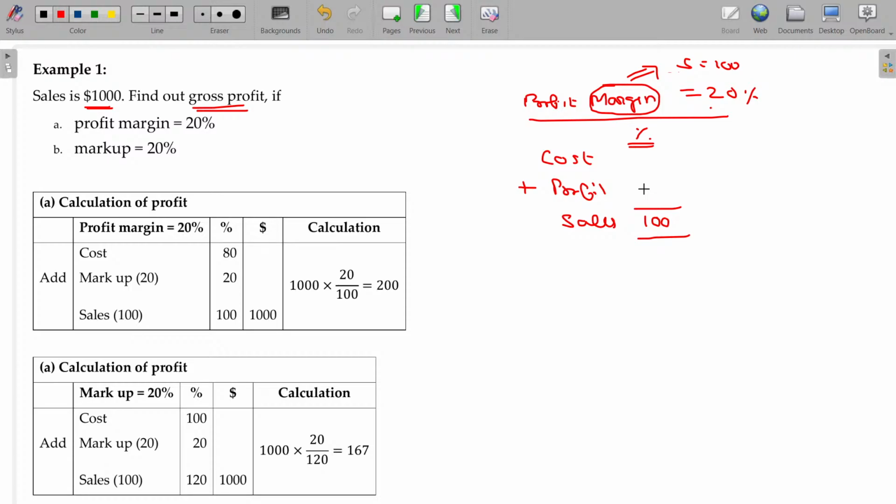And this 20 is always profit. With the cost, profit 20 is added to get the sales, so what could be the cost? Using the cross working or reverse working, you will get the cost being 80.